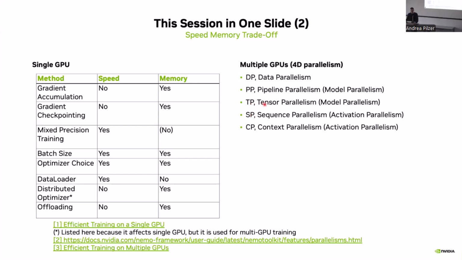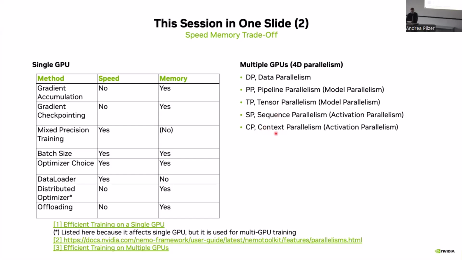And then the equivalent of tensor parallelism is sequence parallelism for other types of layers. So for example, for the dropout or non-linearities, you can use the sequence parallelism to keep splitting the flows of the model in different GPUs.